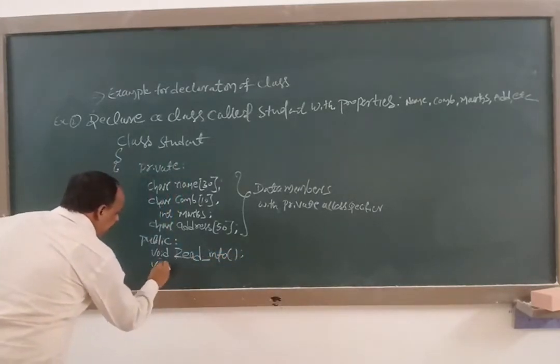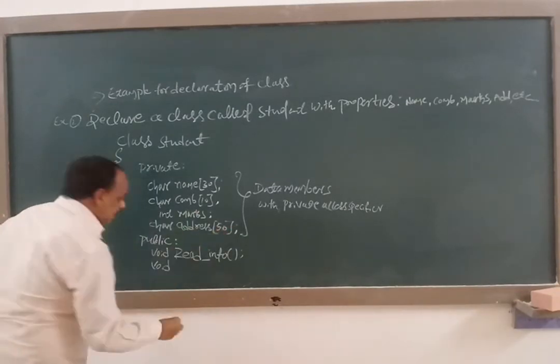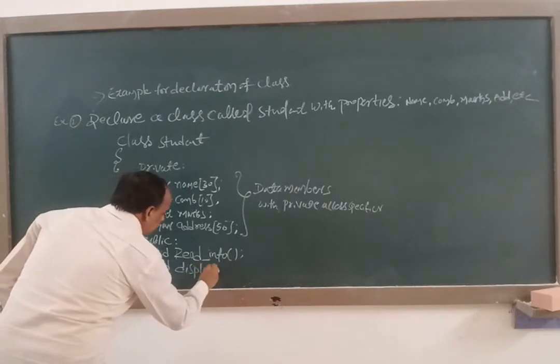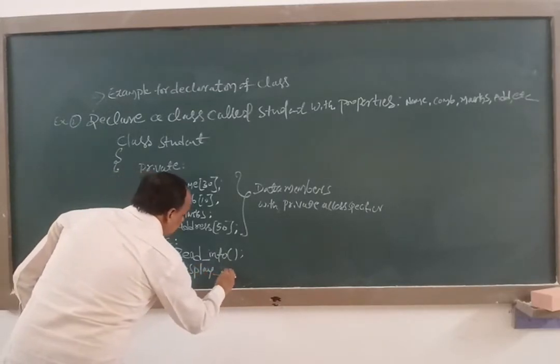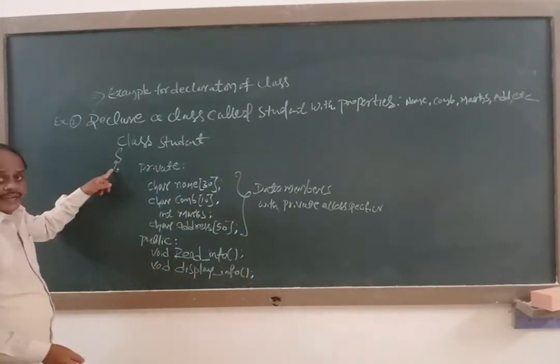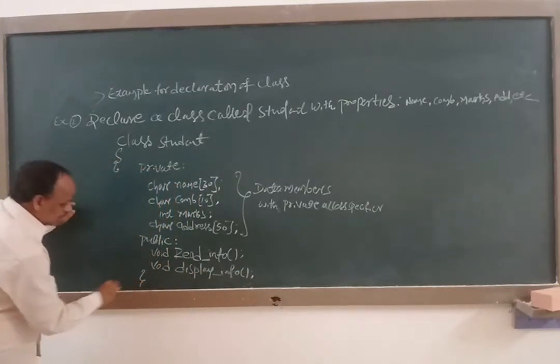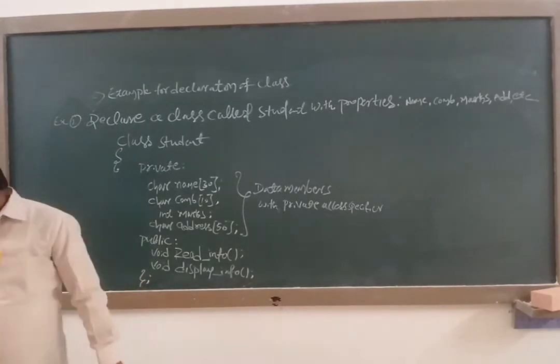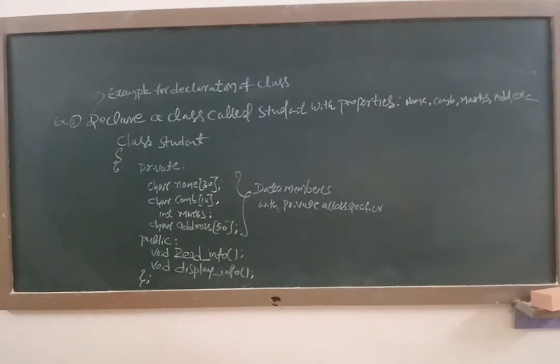Next, void display info function, to display it. Next, ending with the flower bracket with the semicolon.